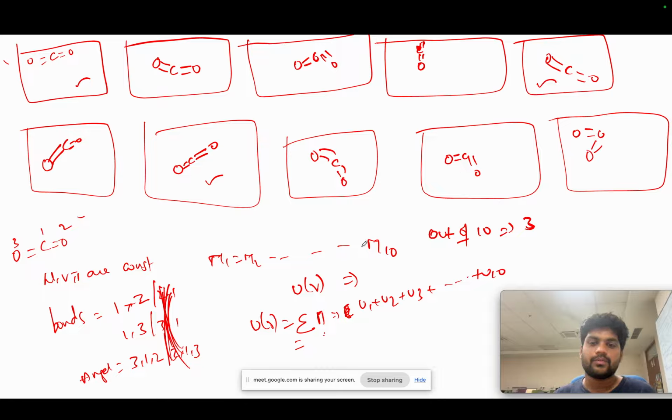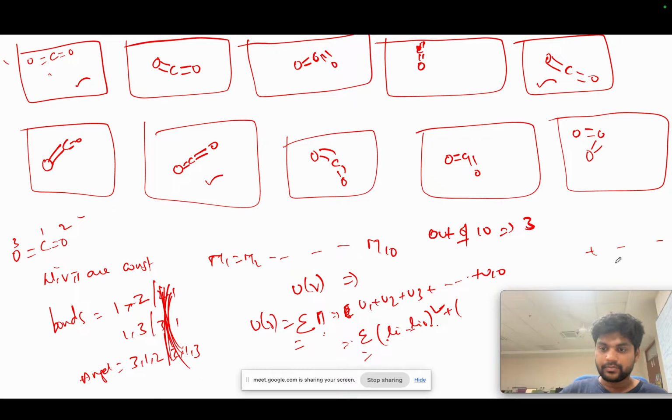Yes. So now you are writing sigma of Li minus Li naught square, right? So Li means this is the first one, Li minus Li naught square, so this is the value, plus the second one, plus and so on as usual. Okay, you understand my point? Yes. So now this is the way how we calculate.